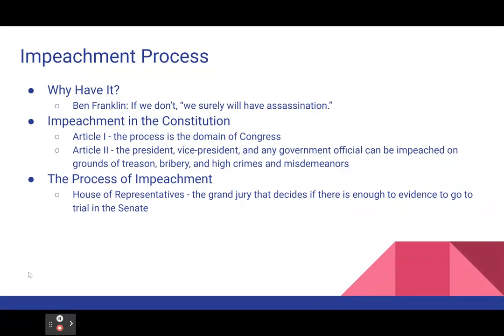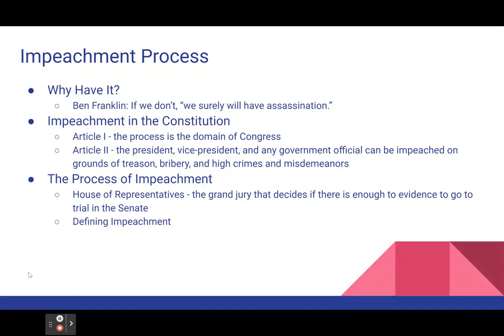So when we talk about what impeachment really means, impeachment only means that there is just enough evidence to stand trial. That's the key. Impeachment means that there is enough evidence to stand trial.